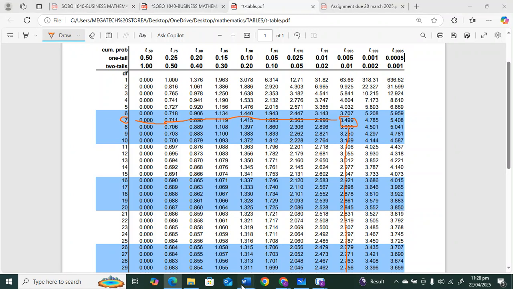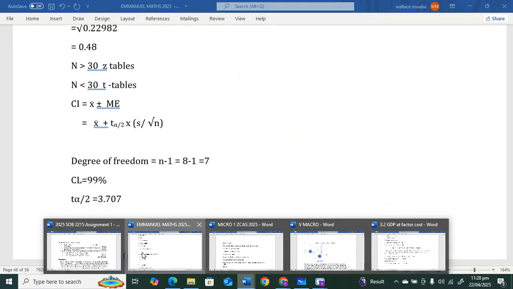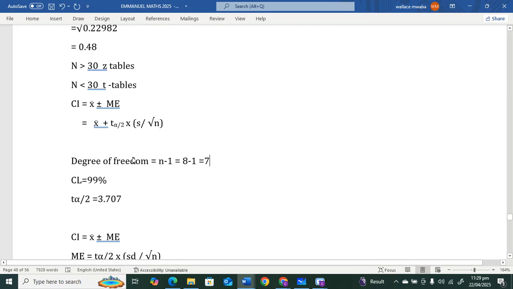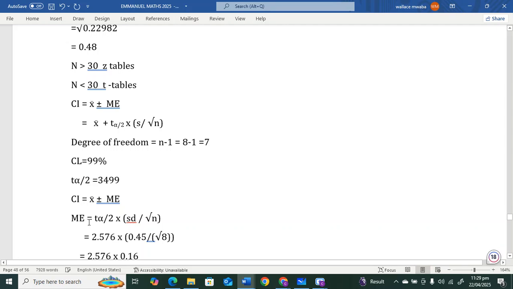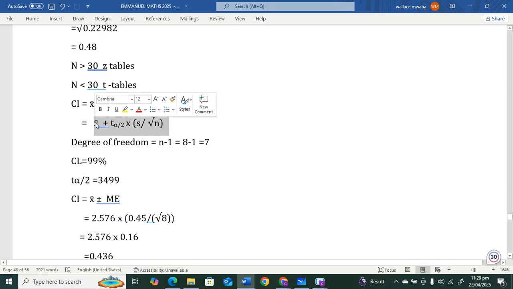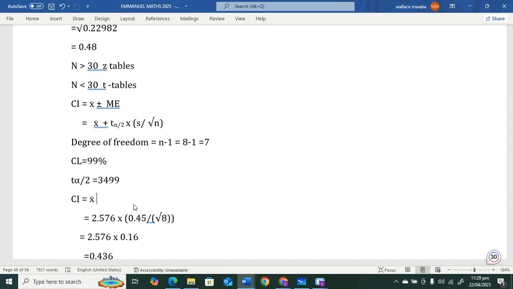So our critical value is 3.499. Now we can calculate our confidence interval. X bar is the mean.